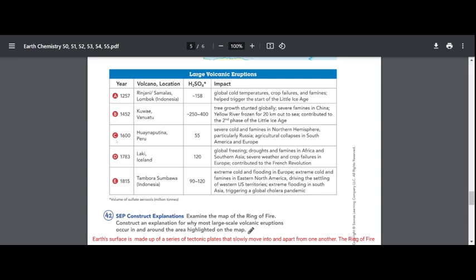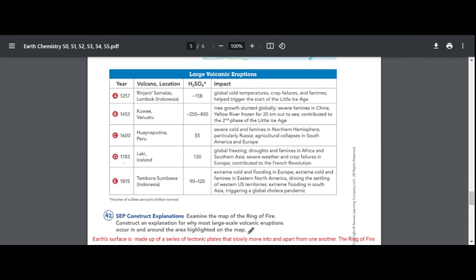Okay, and then in 1600, a volcano in Peru erupted, which led to severe cold and famines in the northern hemisphere, particularly Russia, and agricultural collapses in South America and Europe.